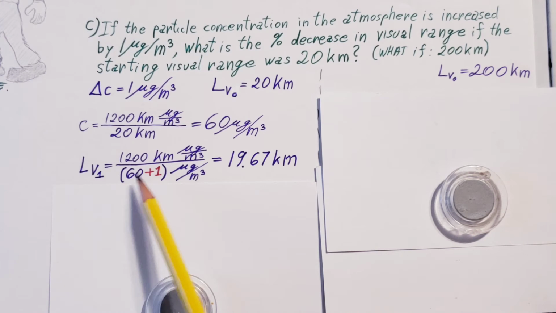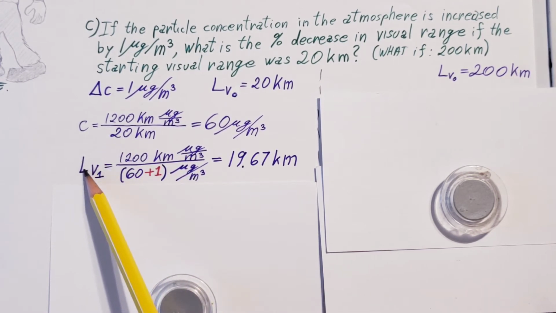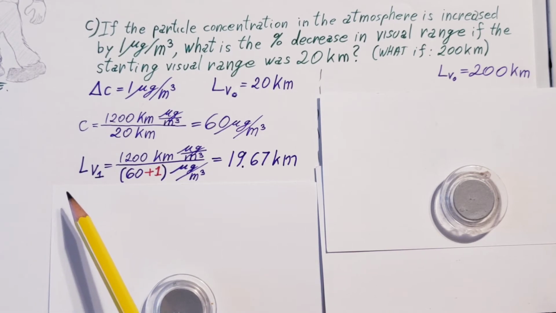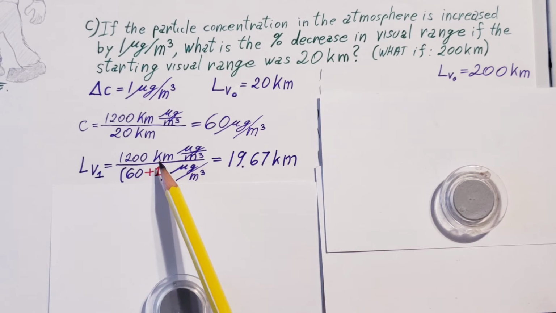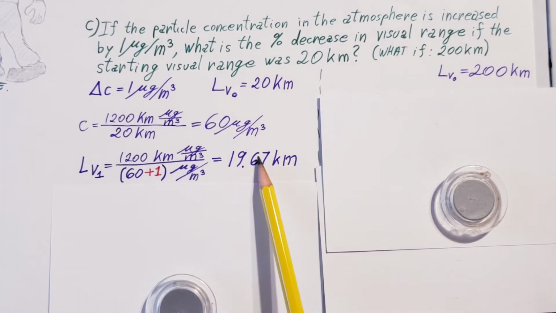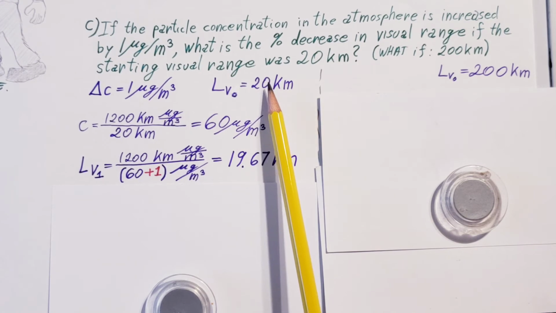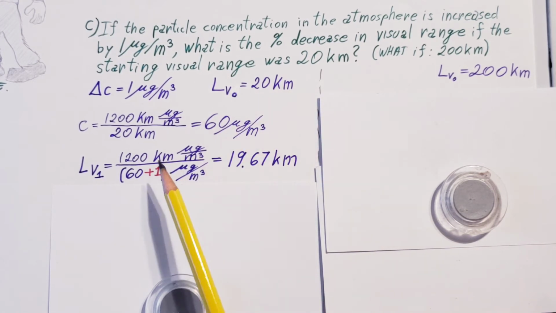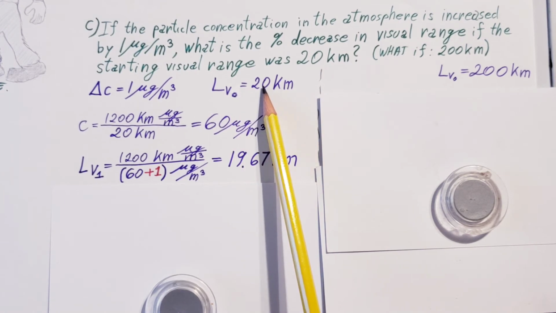Use the formula again, but this time we're going to solve for the visual range. With the changed concentration, my visual range is 19.67 kilometers. As you would have expected, it dropped a little bit: concentration went up, visibility goes down.